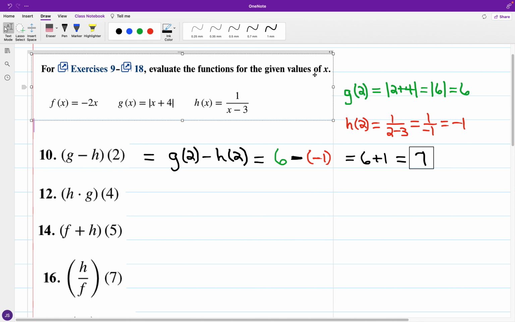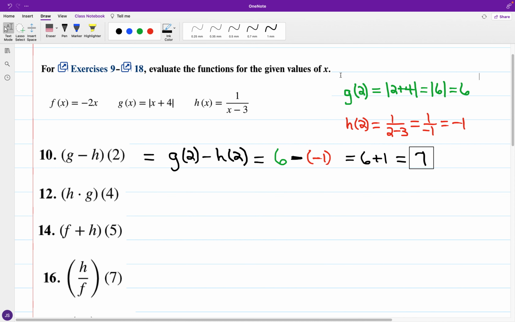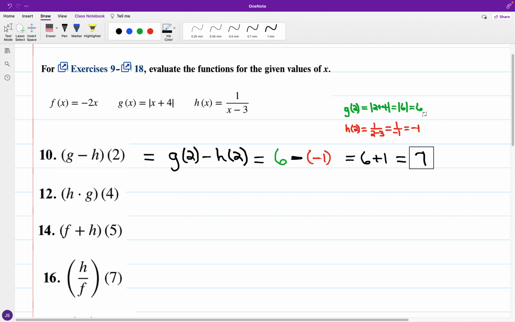Now for the next item, number 12, we're looking at h times g of 4. We have a product function we can rewrite as determining the product of h of 4 times g of 4.